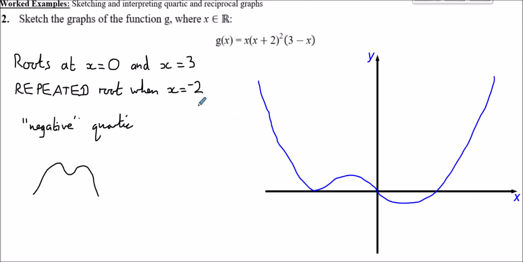So, I'll do a best sketch, but again, as long as it's labelled clearly enough, this will be okay. So a repeated root, tangential to the x-axis at -2, goes through the origin, comes up again where x is equal to 3.